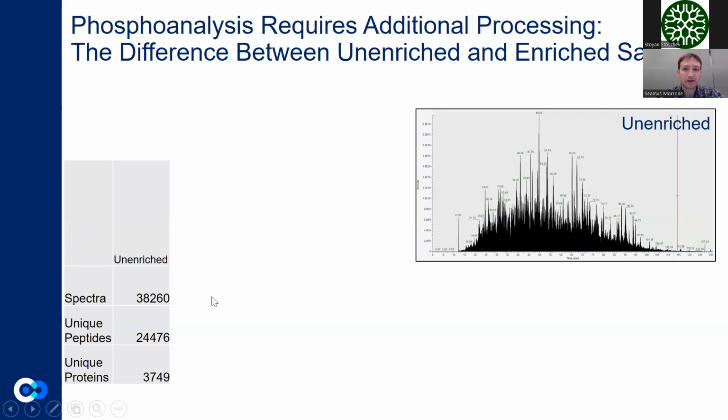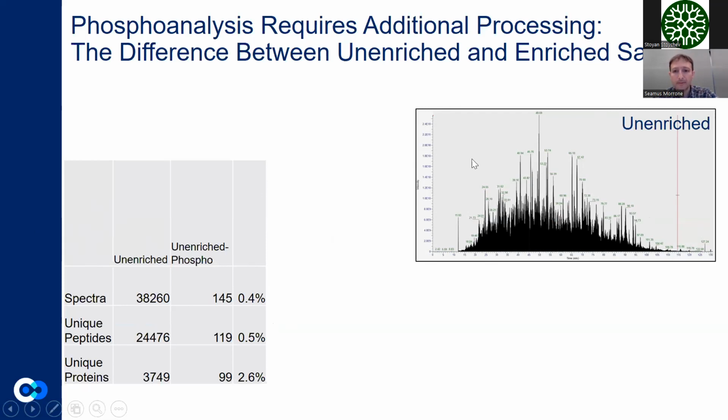And it requires additional processing steps because there's a big difference between unenriched and enriched samples. Here in our lab, we've run an unenriched sample of whole lysate, and we get a certain amount of spectra, peptides, and proteins from this. If we focus on just the phosphoforms within the sample, we find less than 0.5% of spectra and peptides that are phosphorylated.